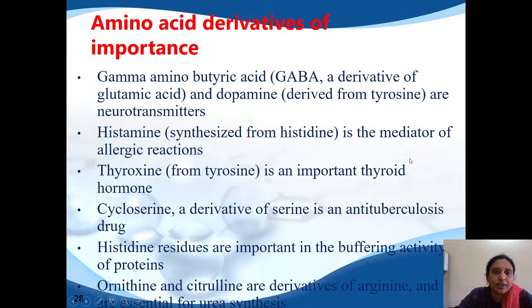And you can write the importance of each one. GABA and dopamine are neurotransmitters. In response to allergies, histamine is released. Thyroxine is a thyroid hormone derived from tyrosine. The buffering capacity of the protein is due to the presence of histidine, and ornithine and citrulline are derived from arginine and involved in urea synthesis.